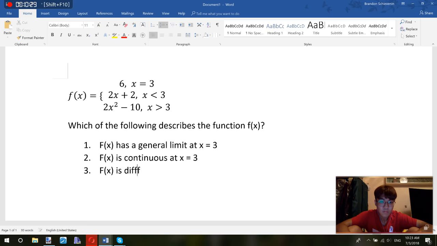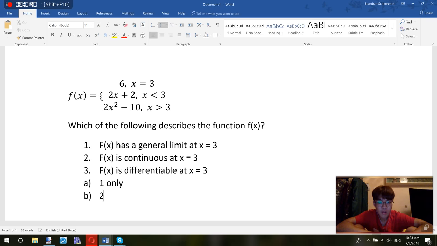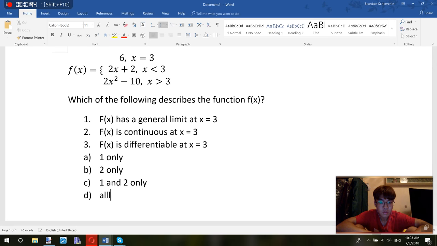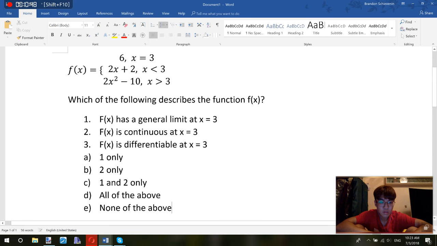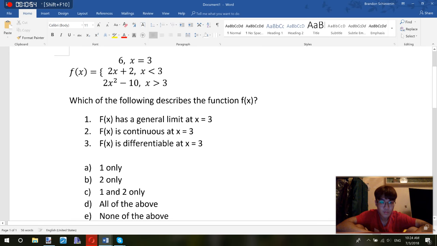This is differentiable at x equals 3. And then give you options A, B, C, D. This is 1 only, 2 only, 1 and 2 only, all of the above, none of the above. Okay, this is what it'll end up looking like on the AP test. So sort of like a multiple choice question. Let me zoom out so I can get all this in.